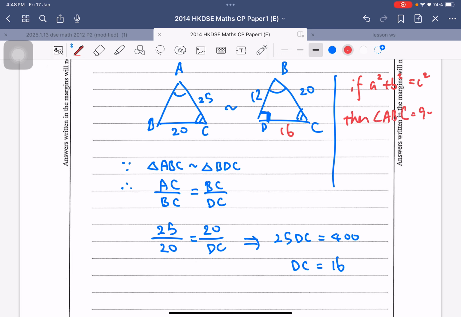So we can say 12 squared plus 16 squared equal to 20 squared. So now we write it down. A squared plus B squared equal to C squared, isn't it? So we can say angle BDC is equal to how many degrees? 90 degrees. So triangle BDC is a right angle triangle.